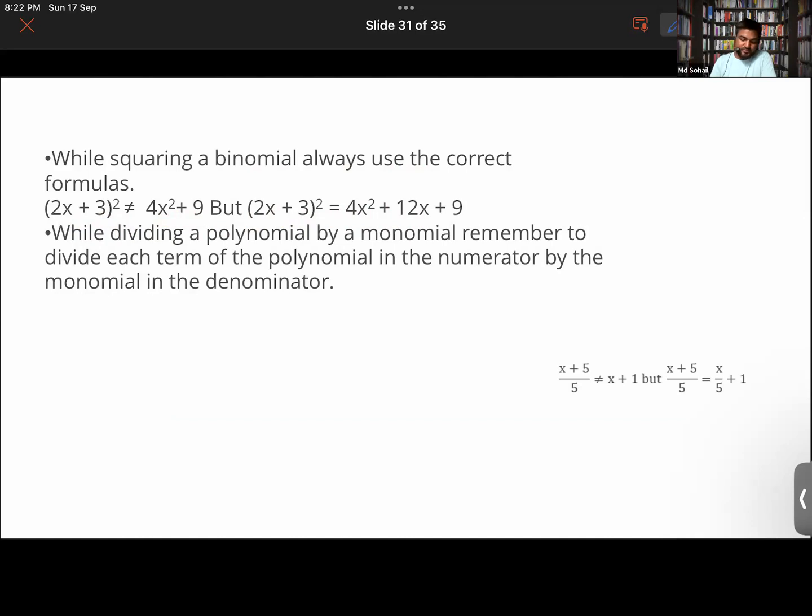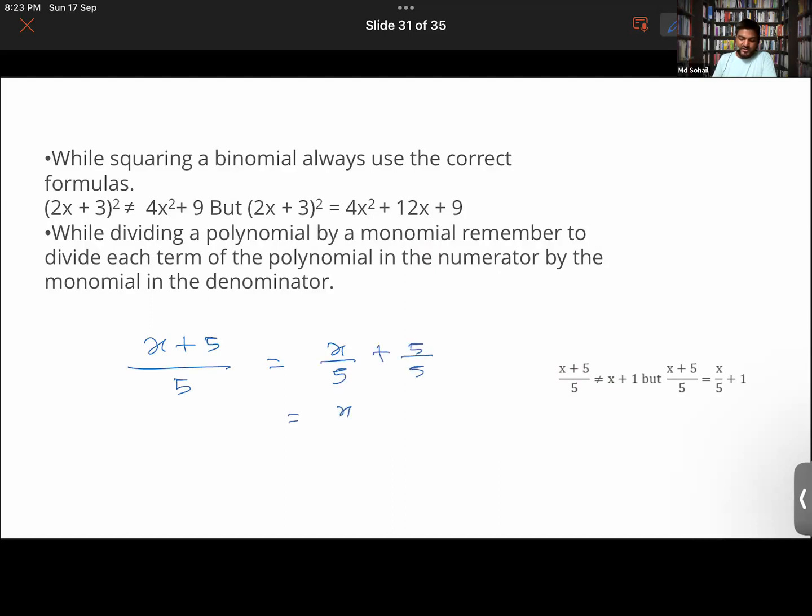Now, while you are dividing a polynomial by a monomial, you need to remember to divide each term of the polynomial in the numerator by the monomial in the denominator. For example, x plus 5 divided by the monomial 5 will be x upon 5 plus 5 upon 5.